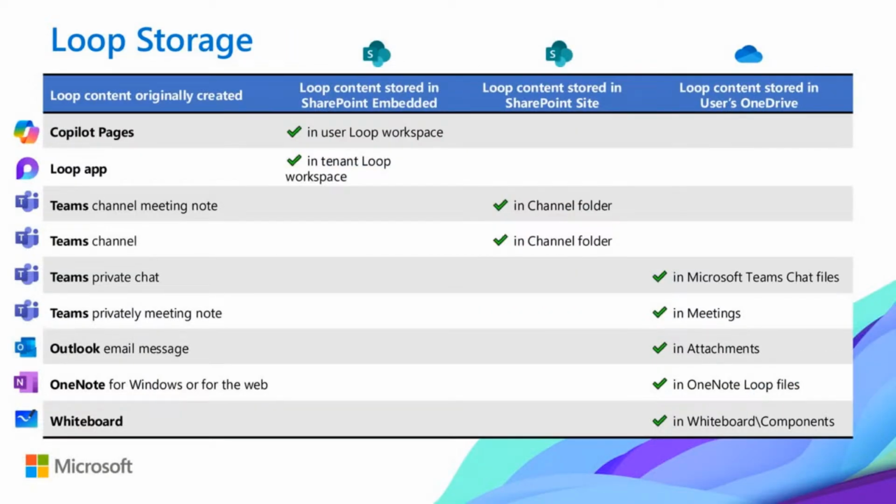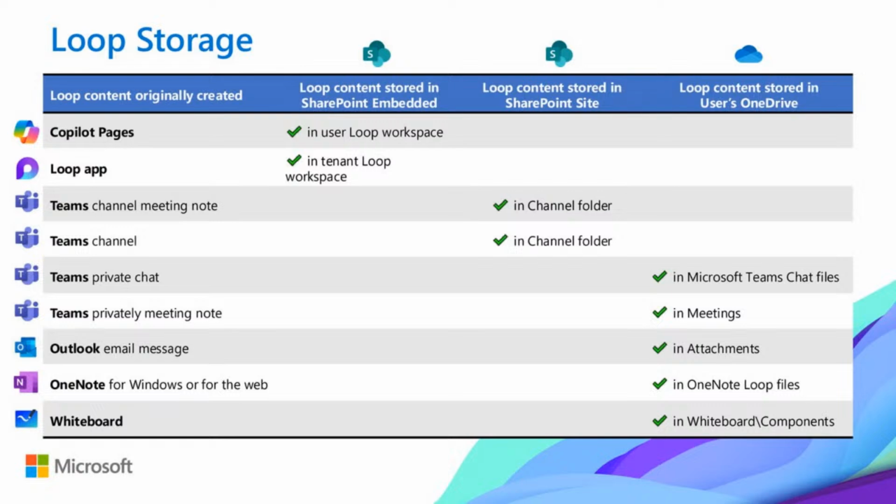So the question you want to put in your mind is, if I were in the place on the left, like a Teams channel or an Outlook email message, and I dragged a file from my desktop into here, where would that get saved? And that's the way we mapped how everything works for loop components. So if you're in a Teams private chat message with just you and one other person, there is no shared storage for that.